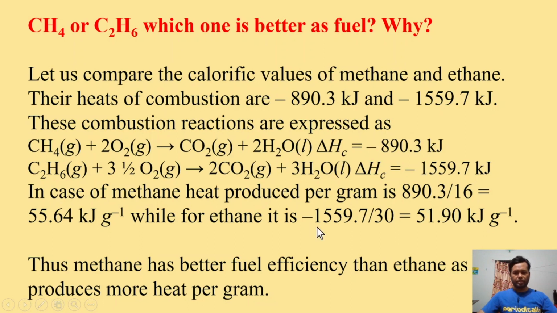Just here you can see 55.64 kilojoule, and from ethane for 1 gram we are getting 51.90 kilojoule. Therefore we can easily say that methane will be the better fuel, because by burning 1 gram of methane we are getting more energy compared to burning 1 gram of ethane. Thus methane has better fuel efficiency than ethane.